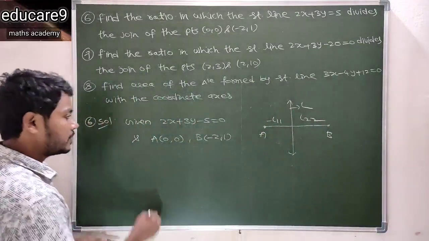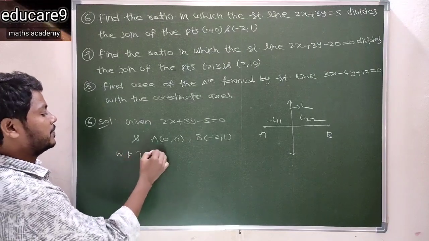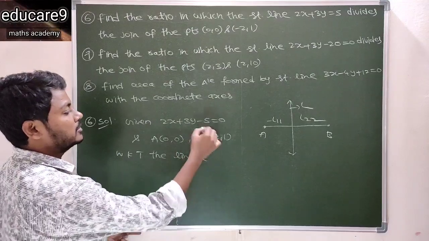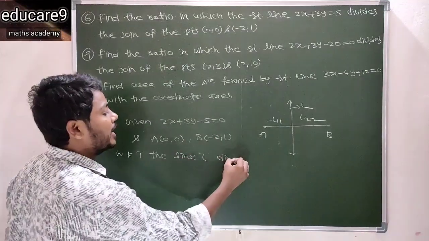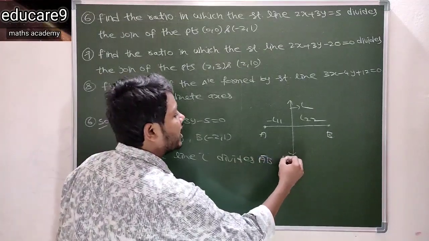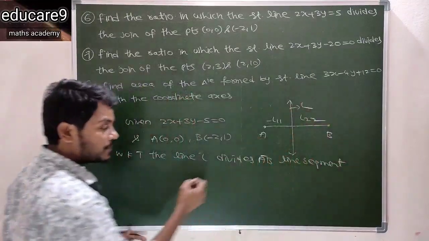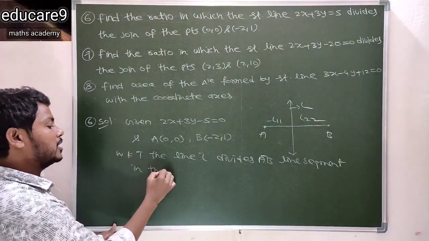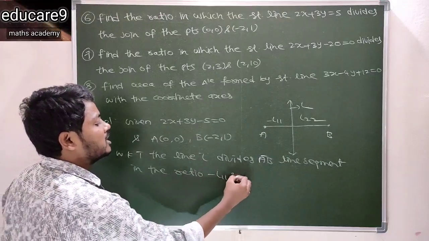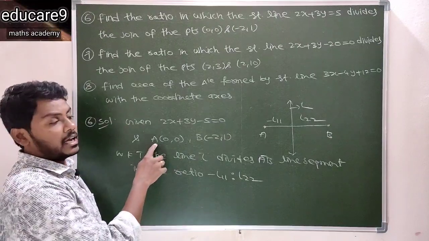So see here, therefore you know that the line L, this is L, divides the AB line segment in the ratio minus L11 is to L22. So L11 means A lies on the line.